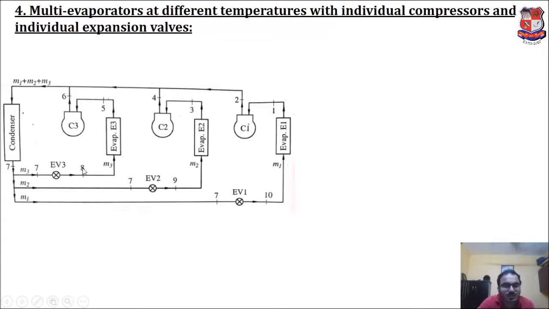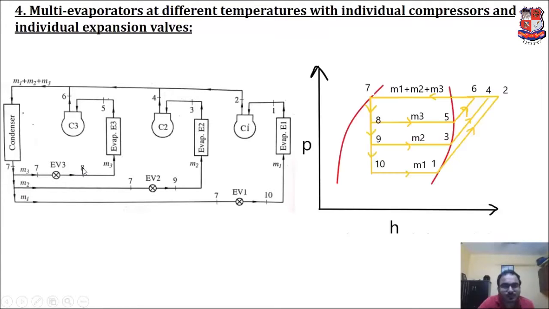Now we will understand this with the help of the p-h diagram. We will begin with, let us say, point number 6. After this point, all 3 masses are mixed. So from point 6 to 7, we have mass M, total mass M, which is the summation of M1, M2 and M3.